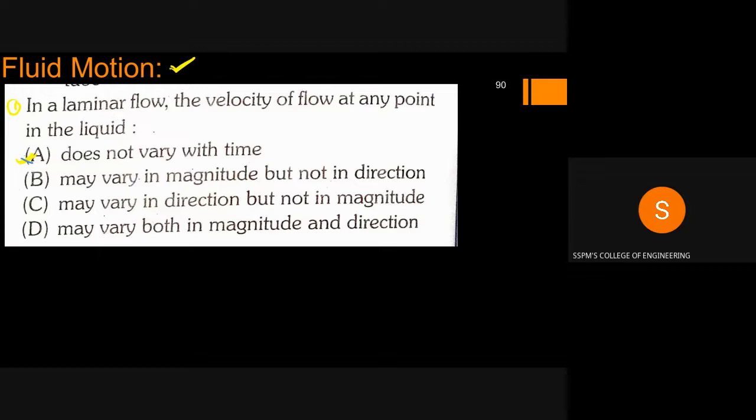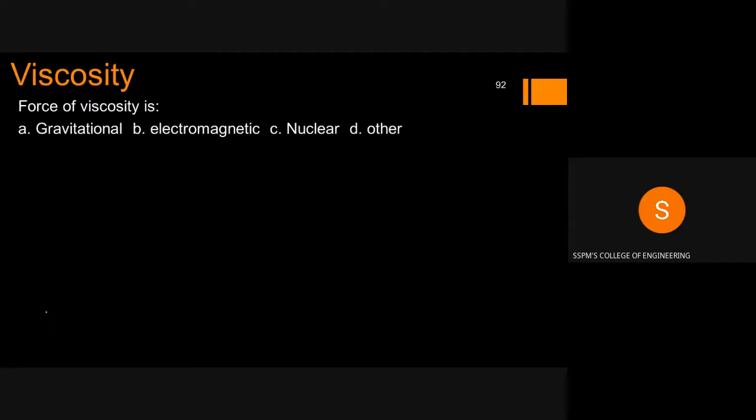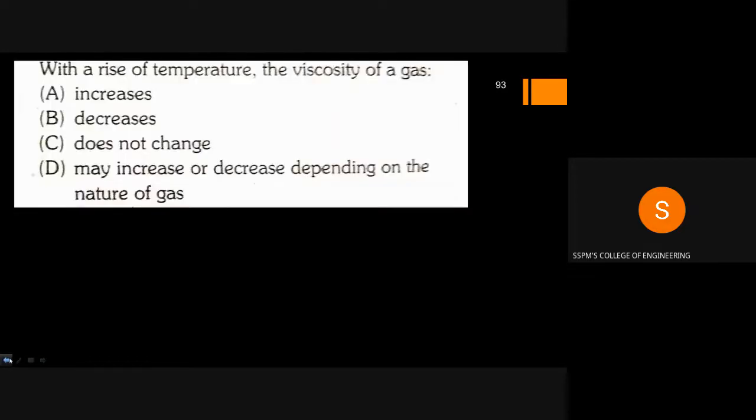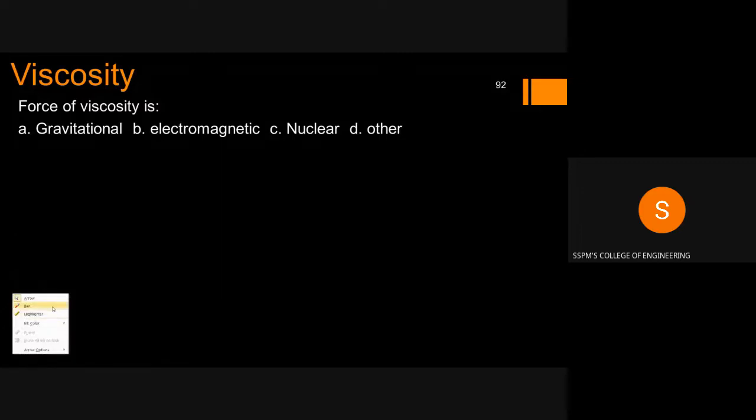Okay, so now we will discuss viscosity. The force of viscosity: is it gravitational, electromagnetic, nuclear, or other? The correct option is that the viscous force is the electromagnetic force.